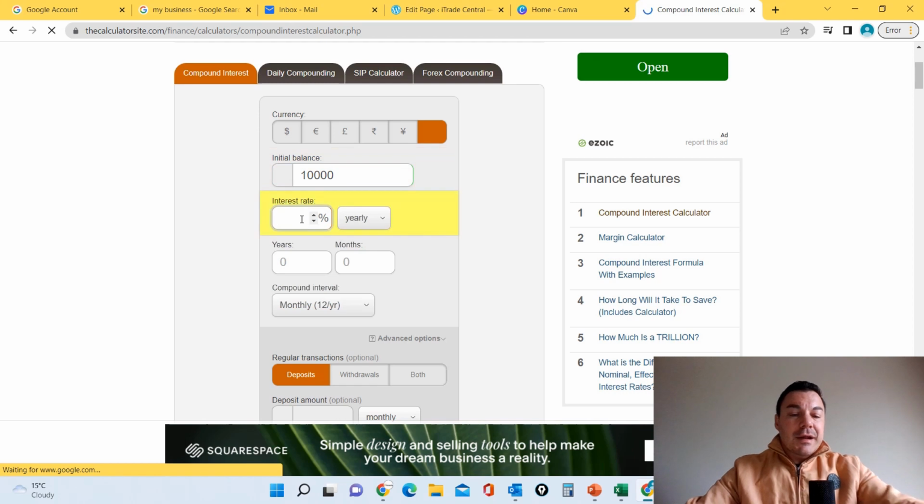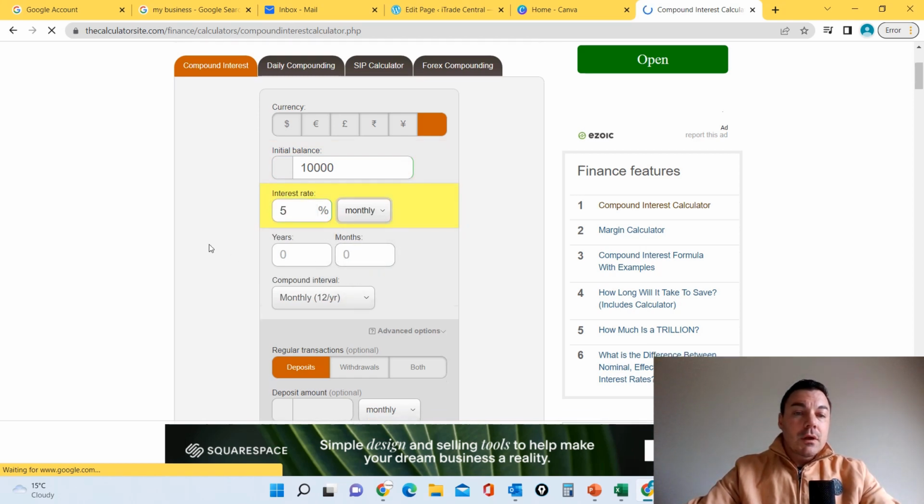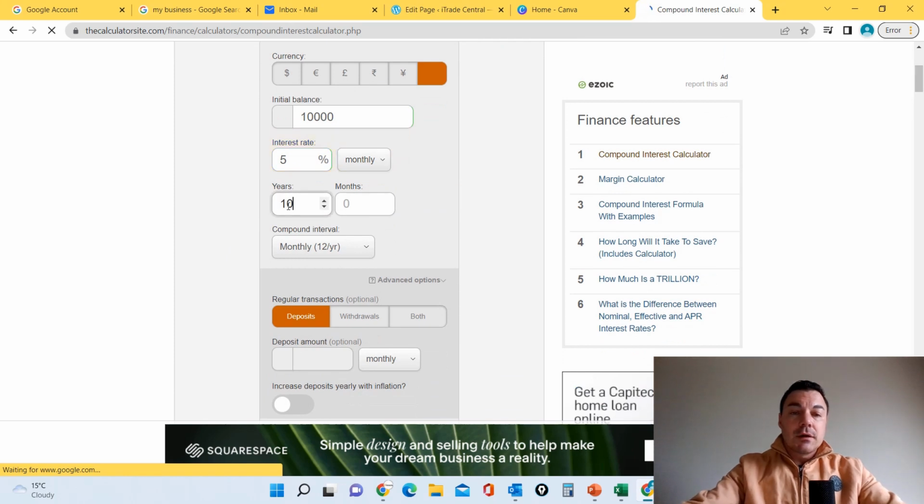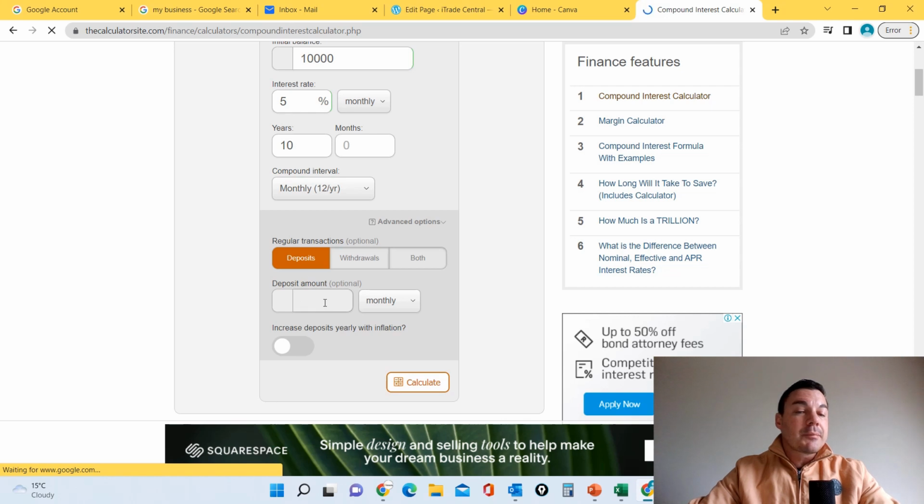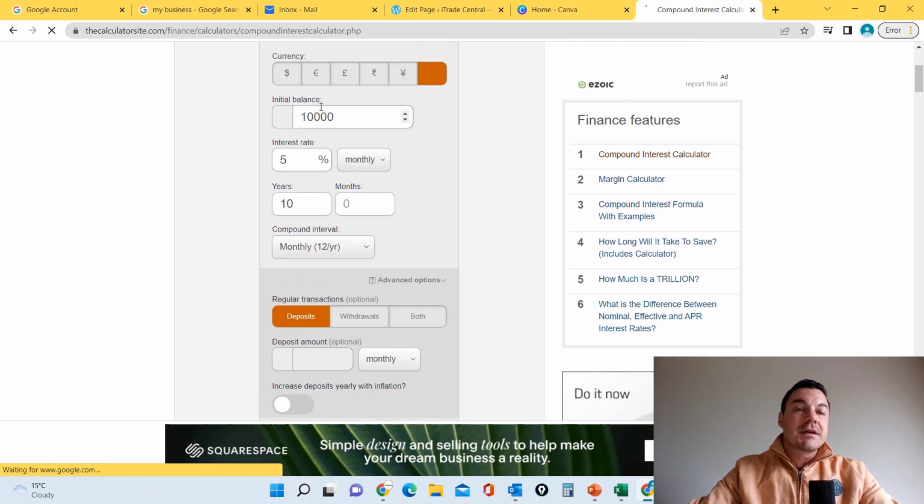We're compounding it at 5% per month, and we're going to do that for 10 years. Now remember, this is without any additional deposits. So we're not adding a monthly deposit of any kind. We're just starting a trading account with 10,000 Rand, and we're aiming to achieve 5% per month on that for 10 years.